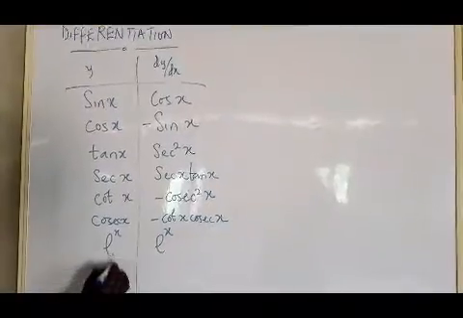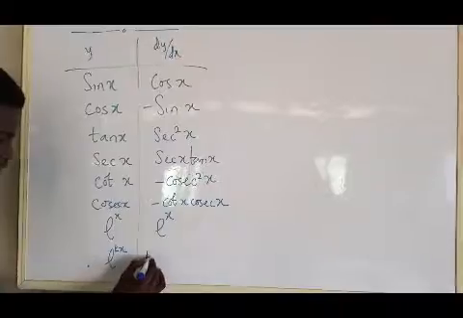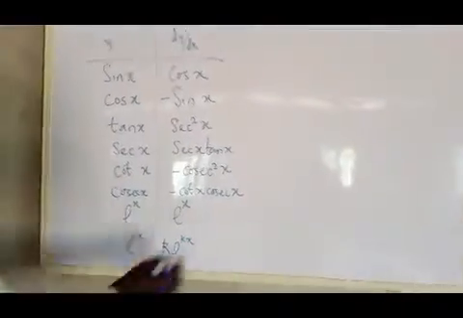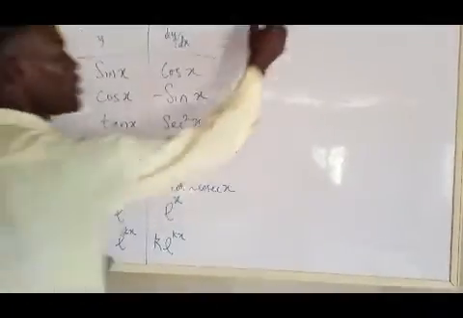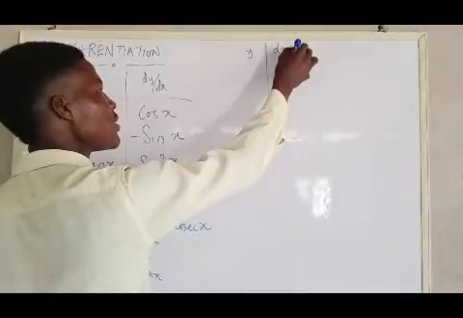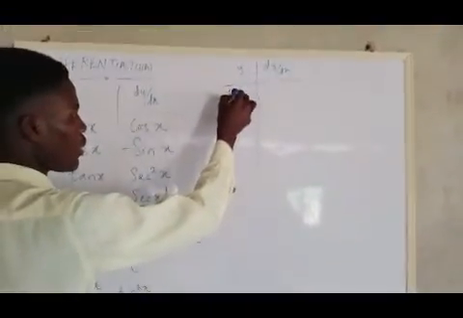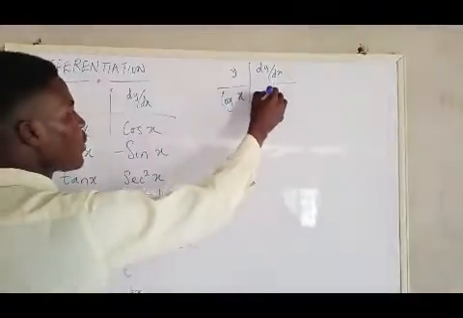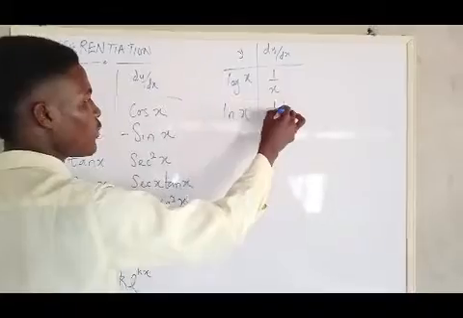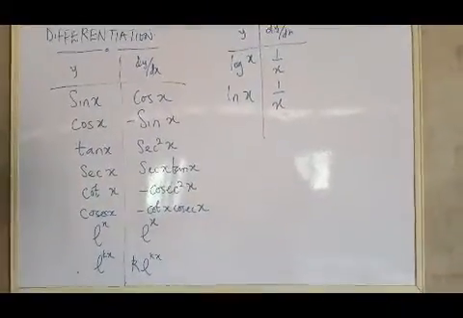If you differentiate exponential kx with a constant, the constant will come down, then the exponential will take its place again. And also, if you differentiate log x, it will give you 1 over x. If you differentiate ln x, it will also give 1 over what? 1 over x. So this is the differentiation table.